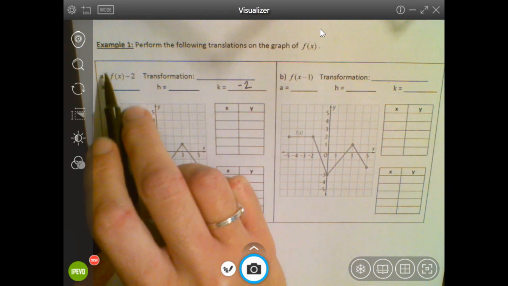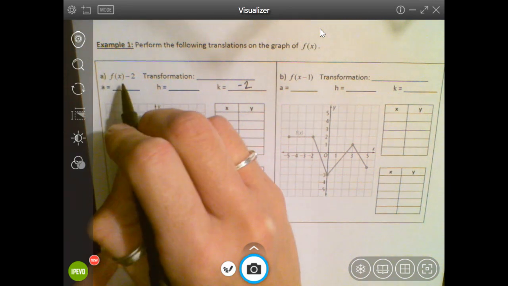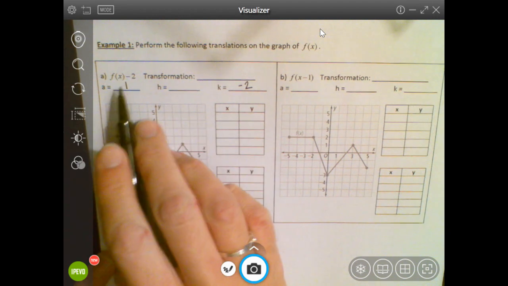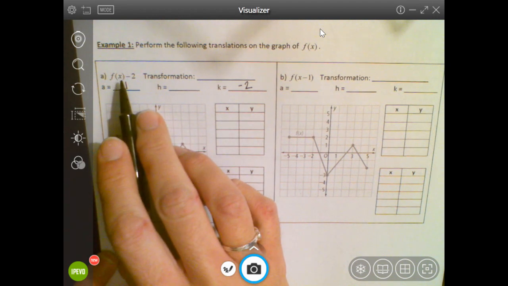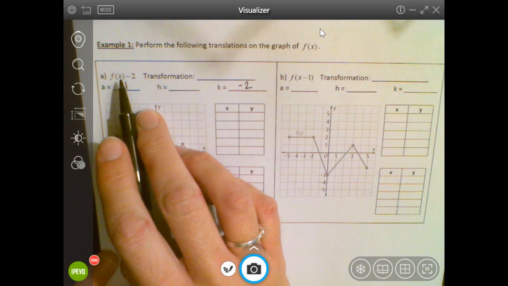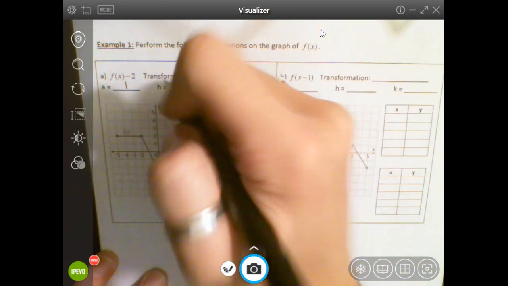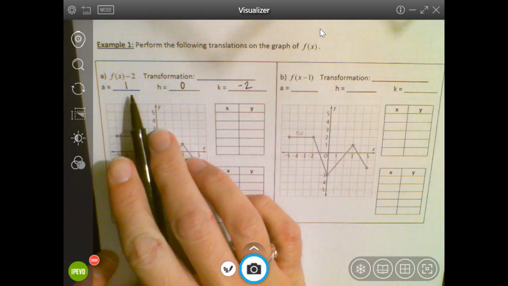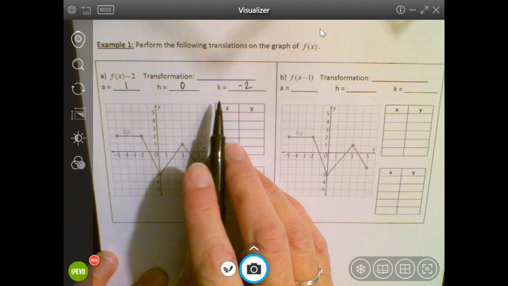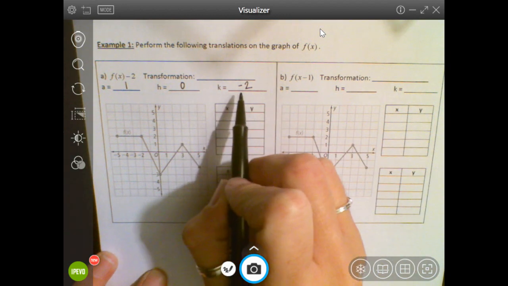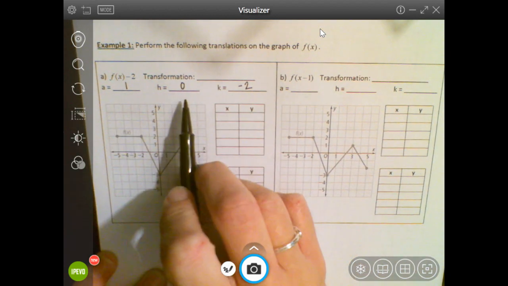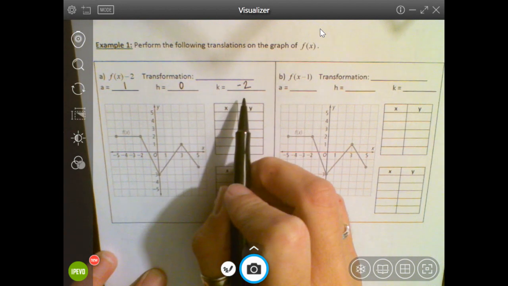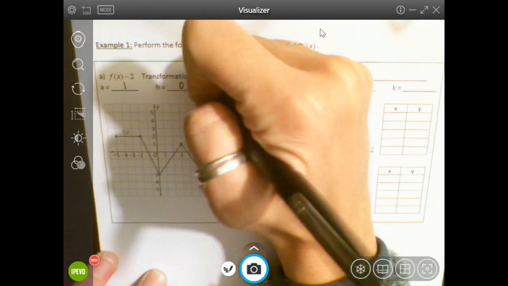So if we don't have anything here, remember that that's really multiplying by 1. And if there's nothing on the inside with the x, think of that like an absolute value symbol for a second. If there was nothing inside of there, we would say that the h value would be 0. So if we know the a value is 1, the h value is 0, and the k value is -2, there's no stretch or shrink, there's no movement left or right, but there is movement down 2 units.